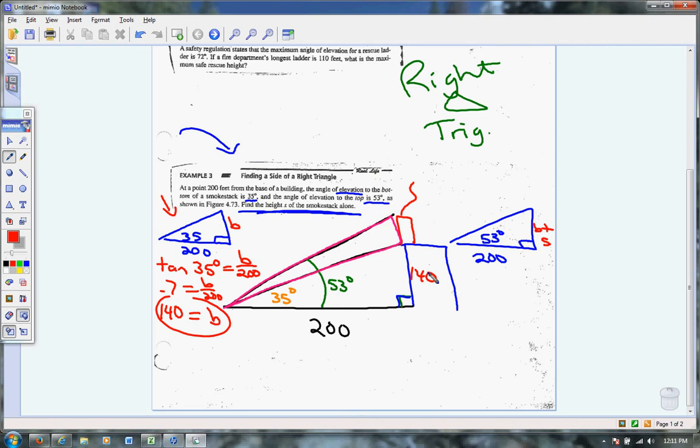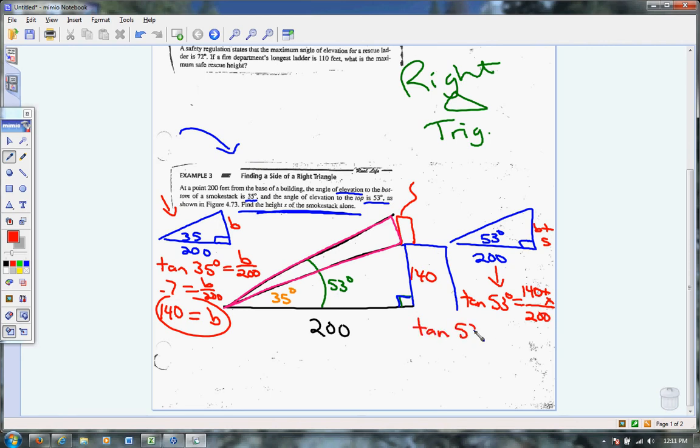Now, we've got most of the problem done. I just need to go to my other equation. This equation said the tangent of 53 degrees equaled the building height, which we found to be 140, plus the smokestack, which I will call X, all over 200. Let me come down here where I have more room.